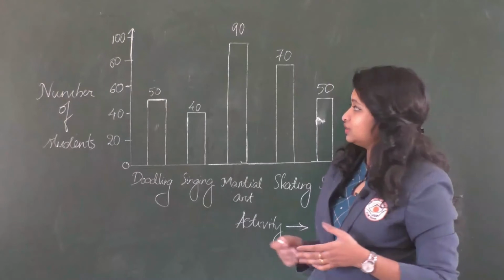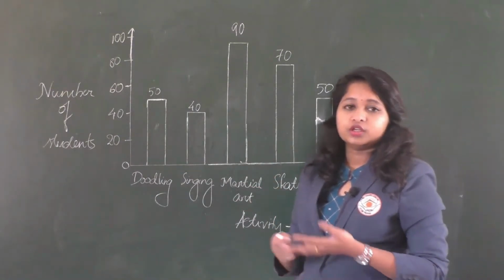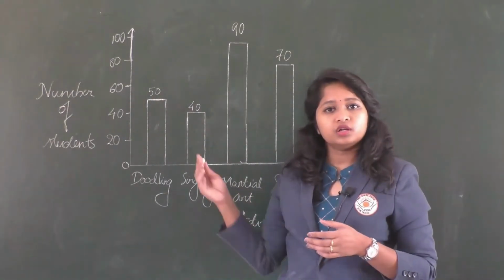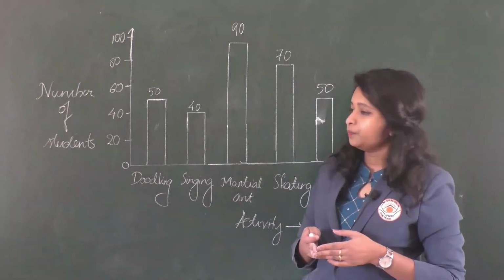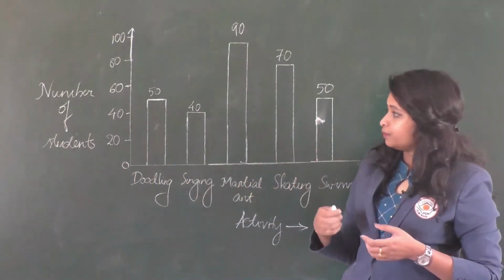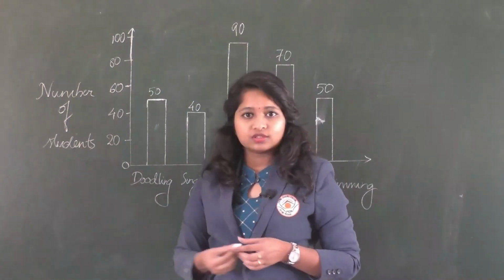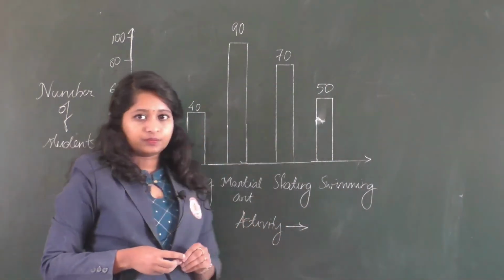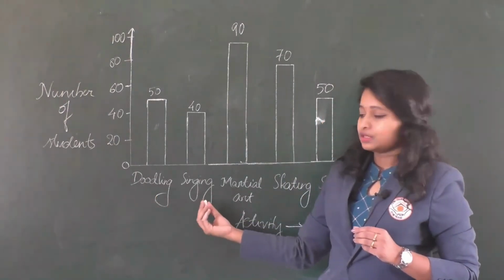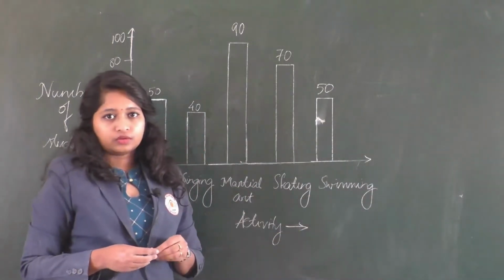Our next topic is bar graphs. This is yet another interesting way to represent data using horizontal bars or vertical bars. Here you can see 2 axes which represent the number of students and the activity. The activities are given as doodling, singing, martial arts, skating and swimming.